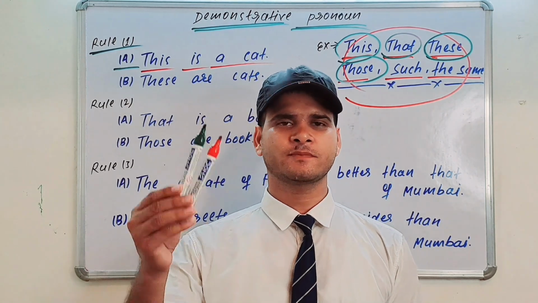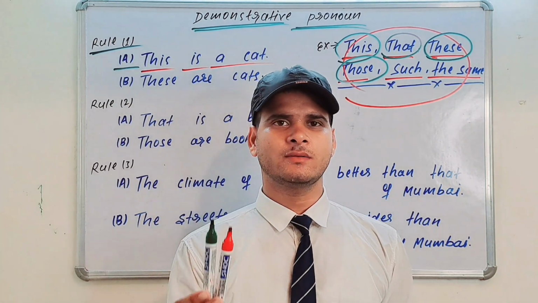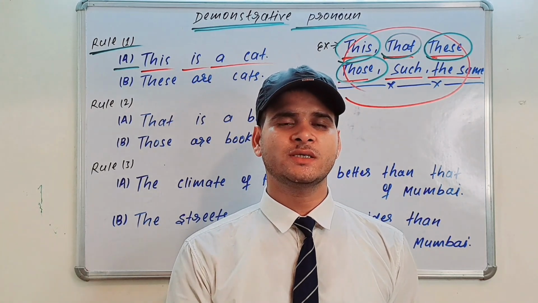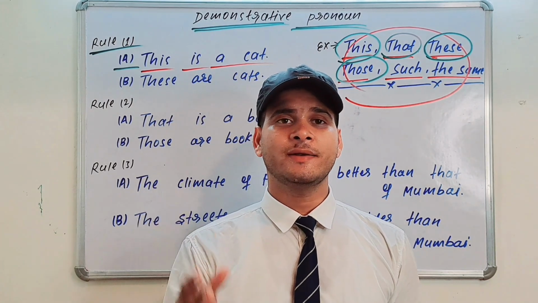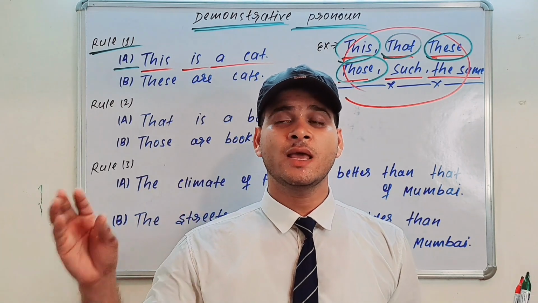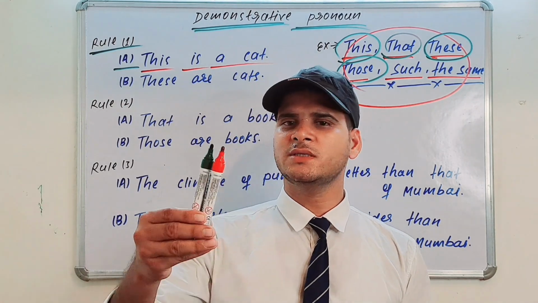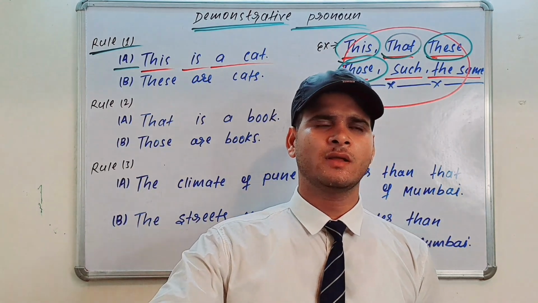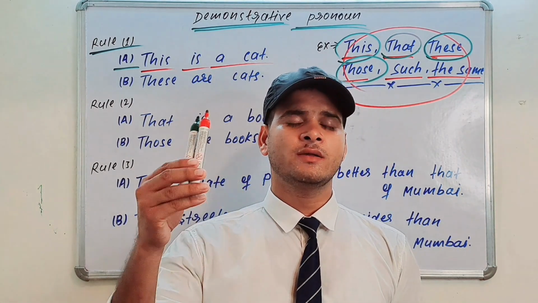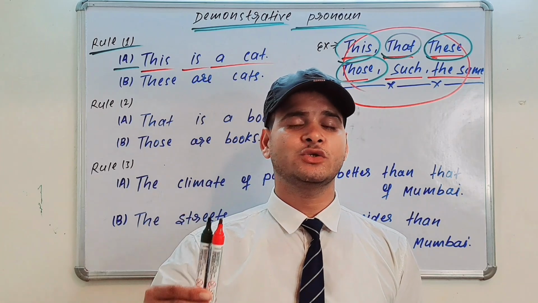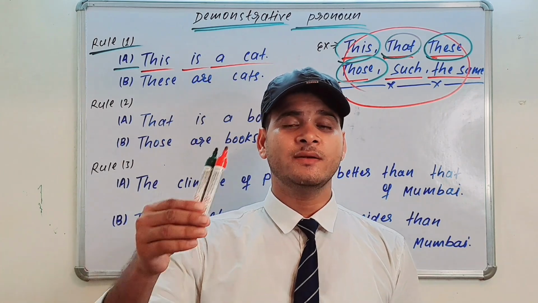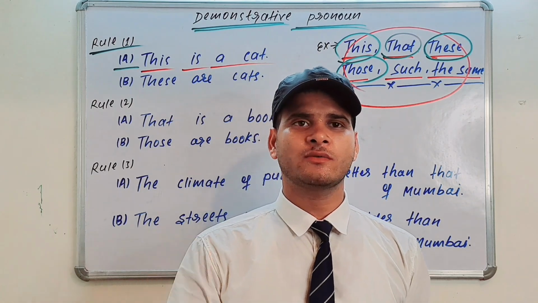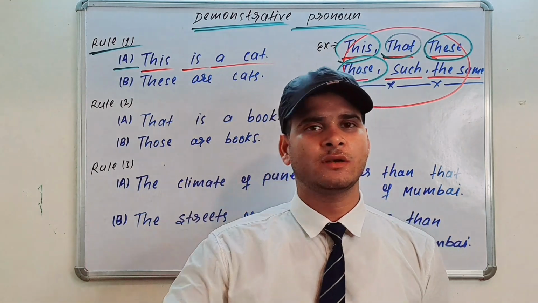Like I told you, this is a marker. The demonstrative pronoun this is used to point out the nearest singular noun. This is a marker, and we will discuss that. You can use the demonstrative pronoun this for the nearest singular noun.